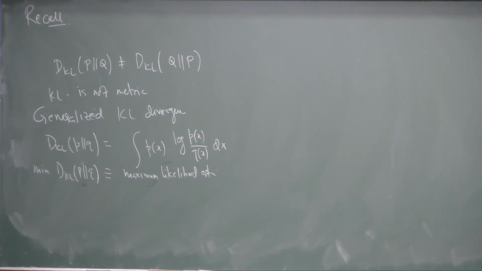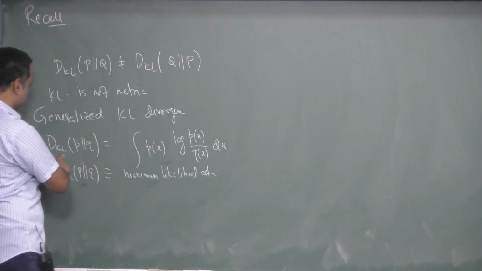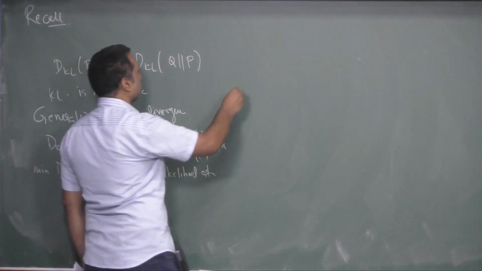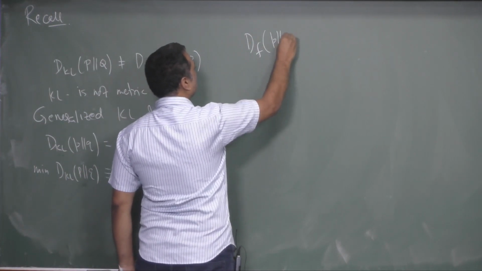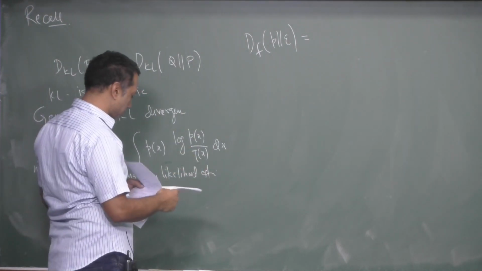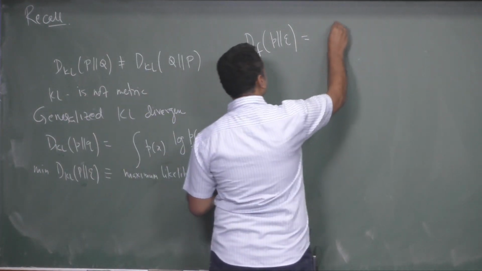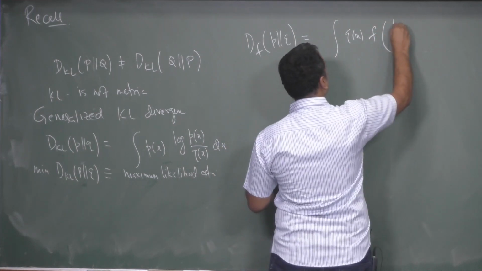First we had a generic measure called F divergence. We defined F divergence between P and Q, which is a slightly reversed form of this, but it becomes a special case of this. It was the integral of Q(x) F of P(x) by Q(x).